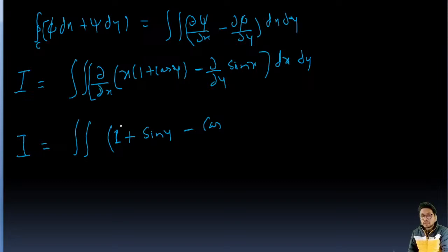Yes, there's a mistake in the question. That's why I was not able to solve it. So I'll rectify the question and then we'll solve it. It's an easy one.